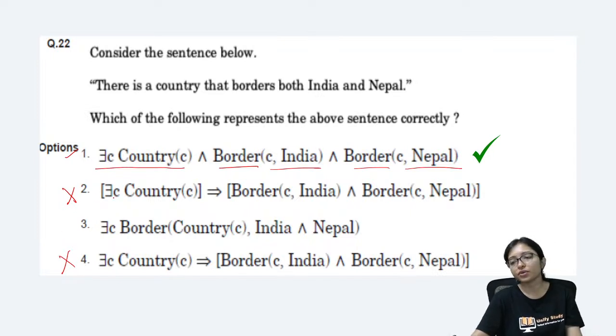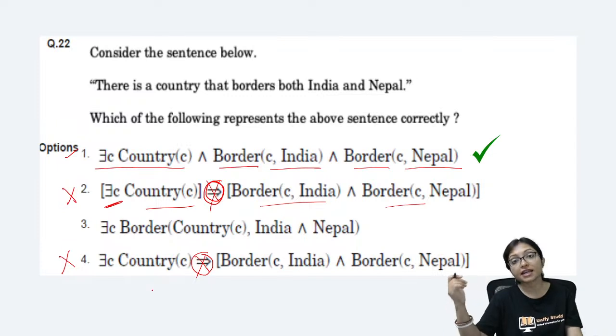With option 2 you can see with the there exists it is implication. With there exists we will not use implication, because it is telling you if, then. If this is a country then this is the city and all. It is not correct. With there exists implication will not be there, because the meaning is changing here.